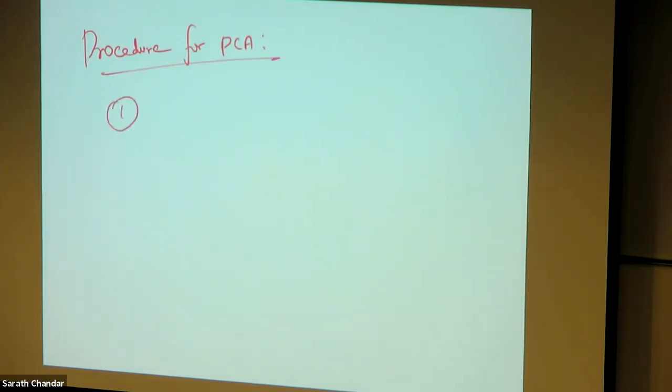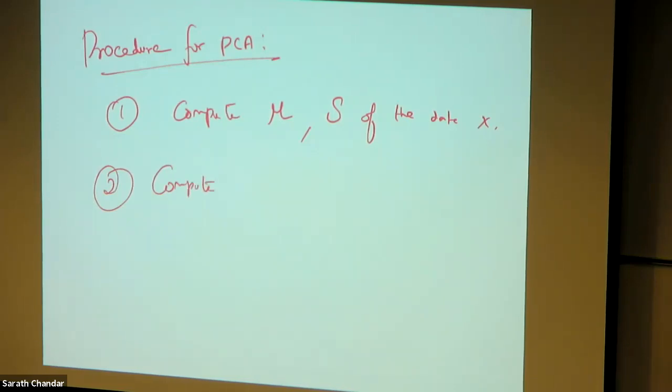First, you compute the mean mu of the data and also the covariance of the data X. Then, the next step, you compute the top k eigenvectors, u1 to uk, of the covariance.